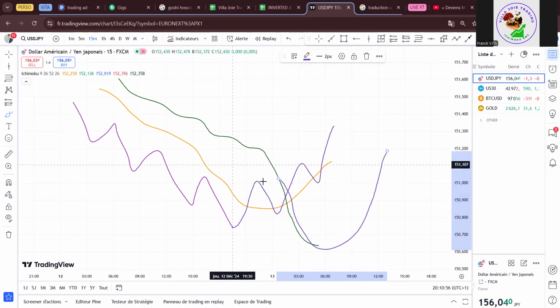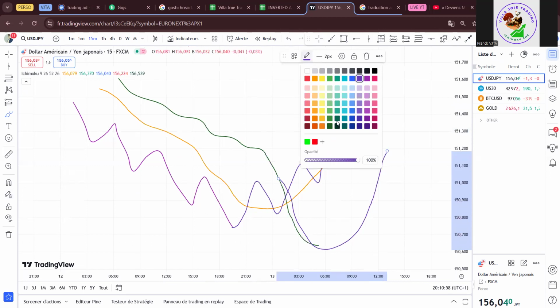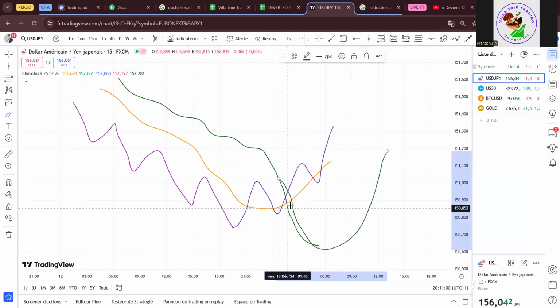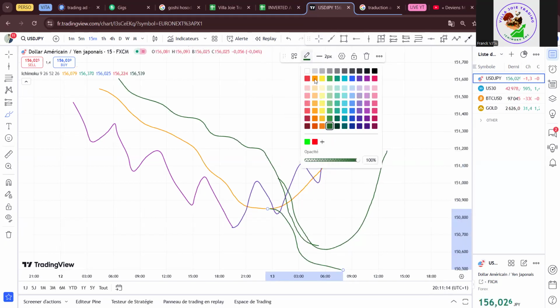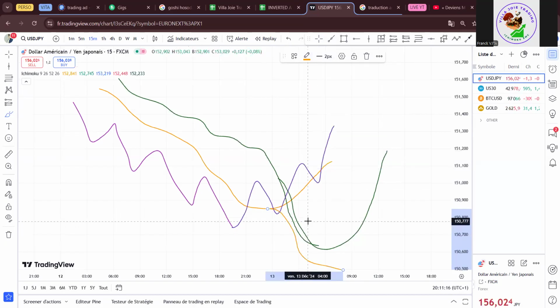This correction, this downtrend is finished. You cannot go to the other side without going below Tenkan. Impossible. If Tenkan keeps staying below, it means that we are still in a downtrend. We are not ready to go to the upside.